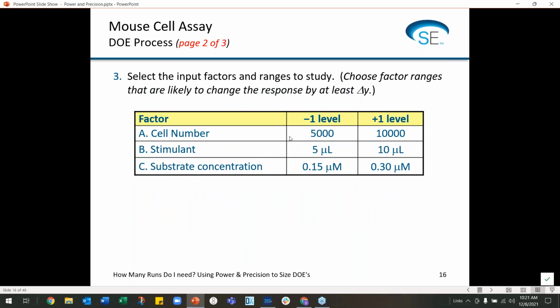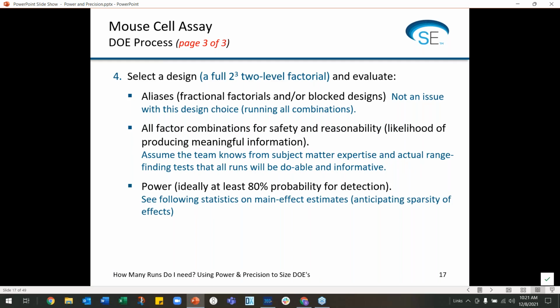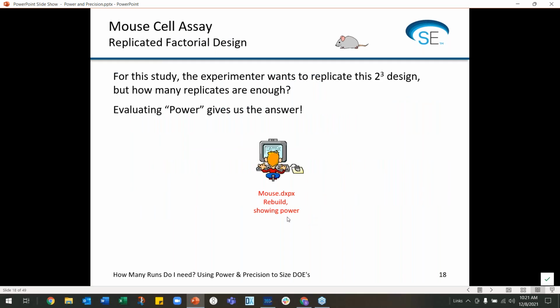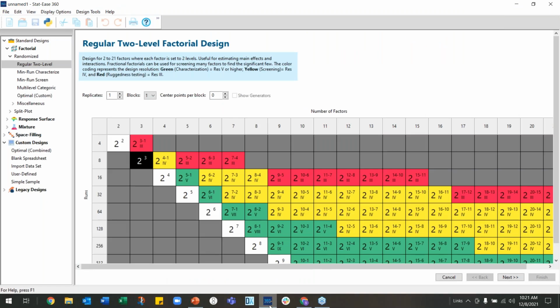Okay, so we have factors like the number of cells and the amount of stimulant and the amount of substrate concentration. This is simply a 2 to the 3rd design. So let me open this up. Okay, so this is the Design Expert part of our new product, STADIS 360. And this is a 3-factor 8-run design.